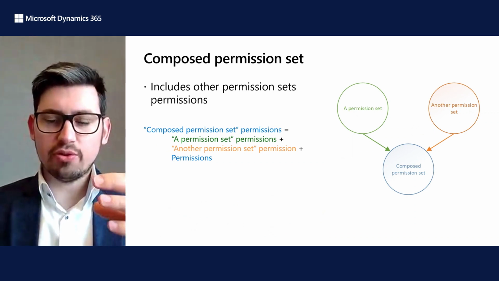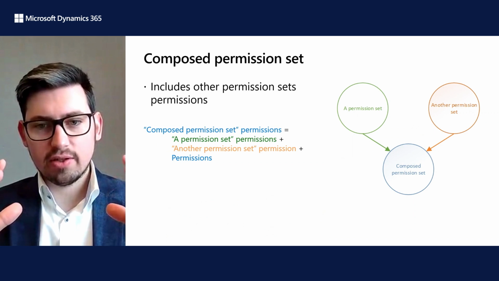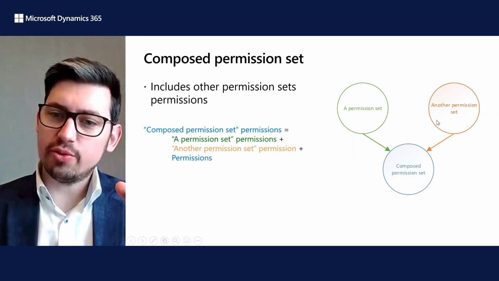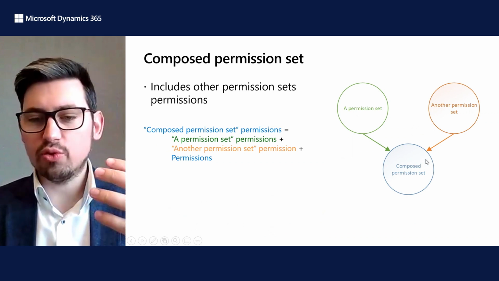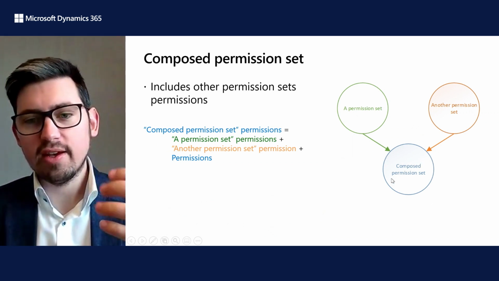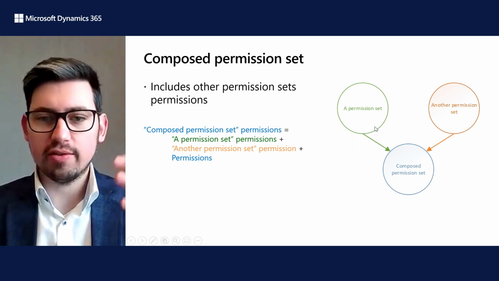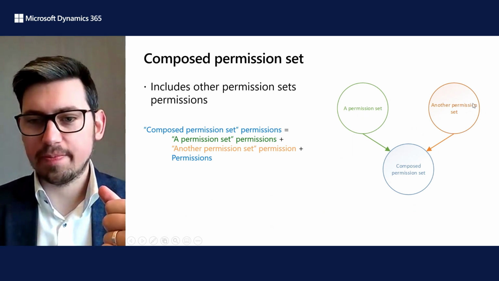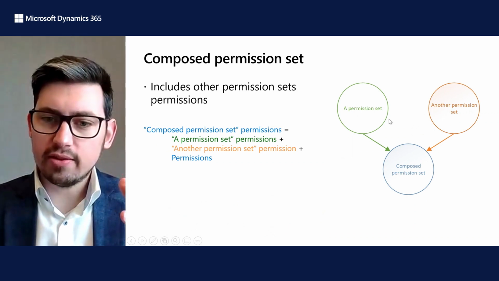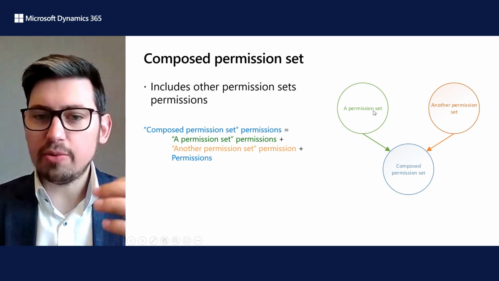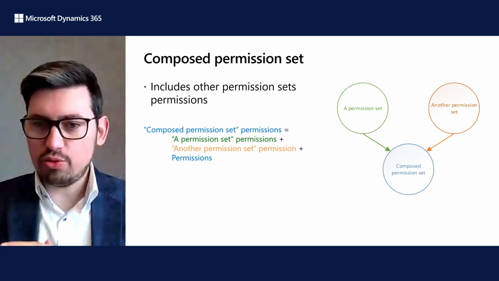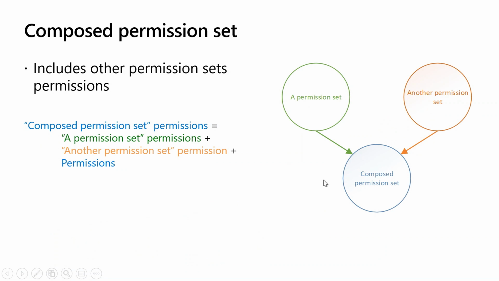And if we put these together, well, this looks like a tree, then this tree will result in a composed permission set that includes the permissions from a permission set and from another permission set. As you can see with the arrows, the permissions flow from one of these little boxes to the other one at the bottom. And the same with this one.